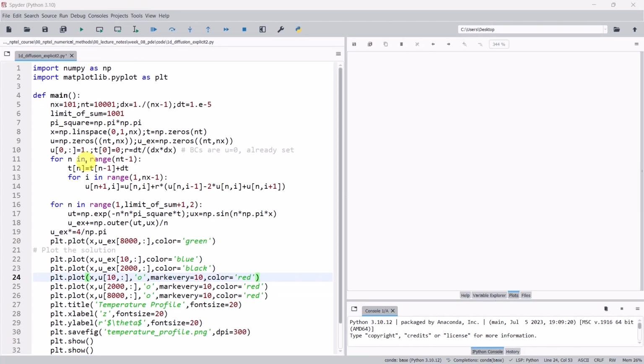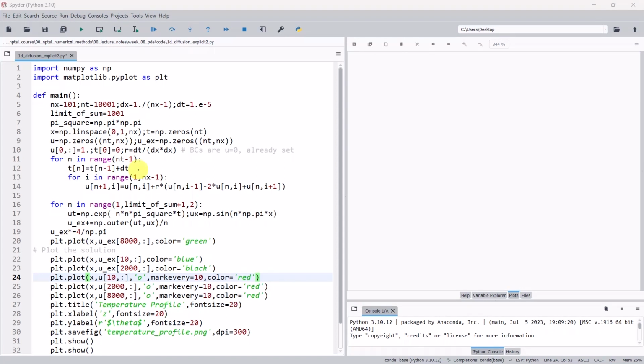That is my initial condition. t, of course, the initial time is 0, and r, that is delta t by delta x square, is coming in our calculation. So now I have this for loop.